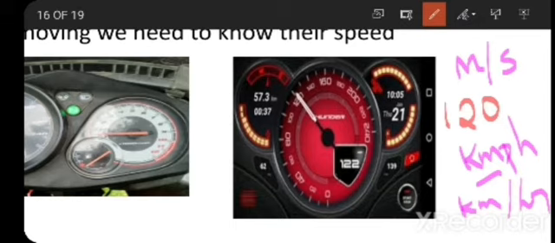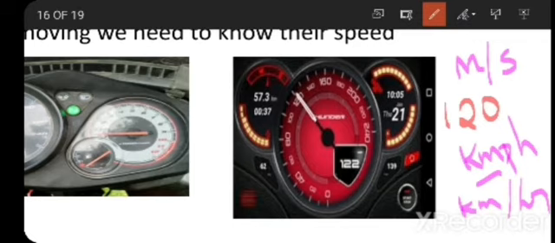So when they say meters per second or kilometers per hour, you have to understand that they are talking about the speed. If they say 120 kilometers per hour, 150 kilometers per hour, or 10 meters per second, 20 meters per second, 30 meters per second, that means they are talking about the speed of an object.